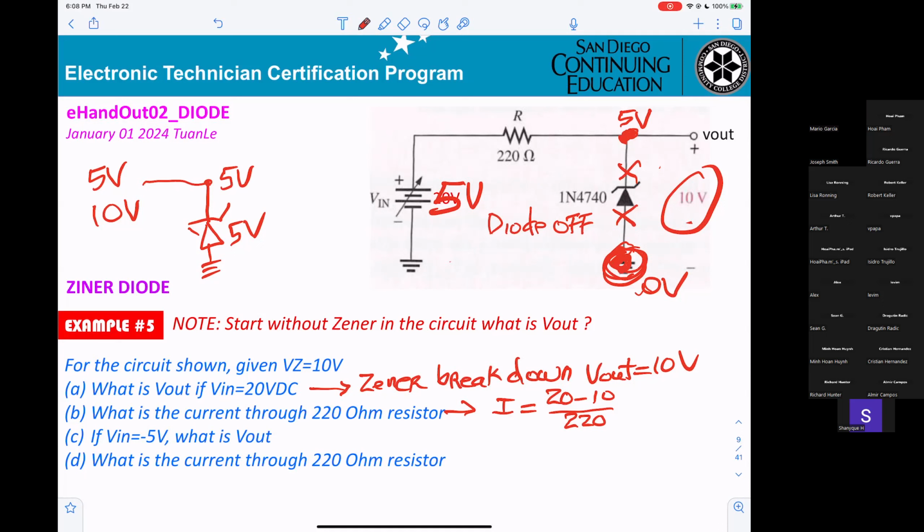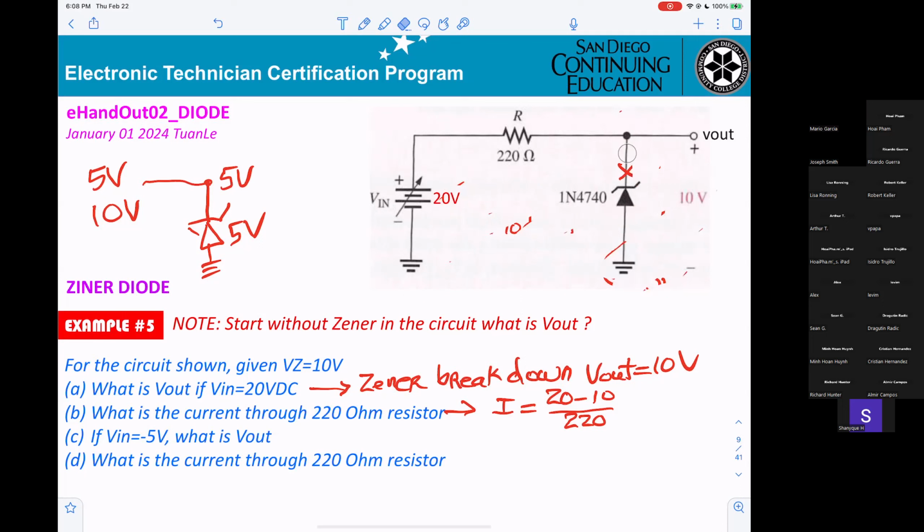Okay, now, last part here. Now they say the voltage here will be equal to minus 5 volt. What is the voltage here?